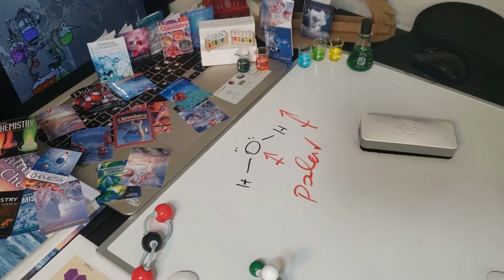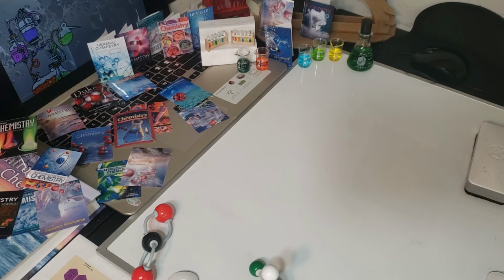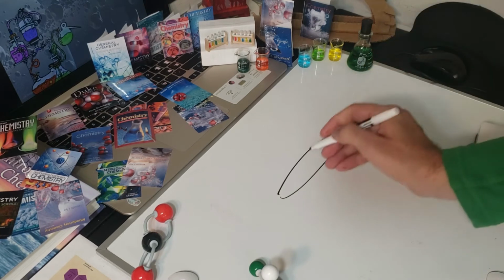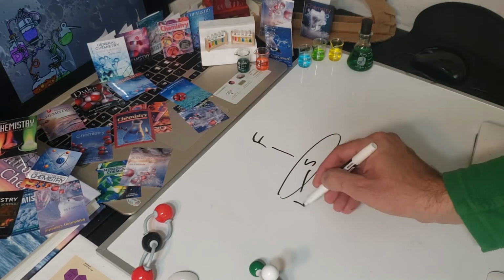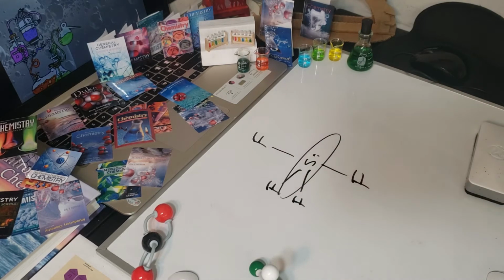Let's talk about the SF4 structure. SF4 has a seesaw structure, with sulfur in the middle, 1 fluorine, 2 fluorine, 3 fluorine, and 4 fluorine, and 1 lone pair. So it's a trigonal bipyramidal framework and makes a seesaw with 1 lone pair.